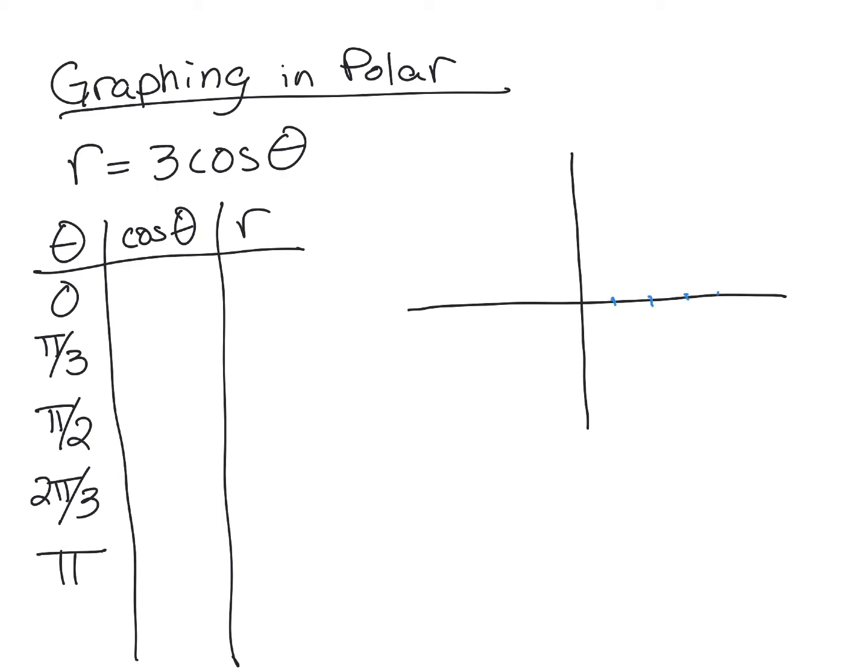So whenever you're graphing in polar, you want to have radial lines for your angles, and you want to have circles that show a distance from the origin. I am so bad at this.